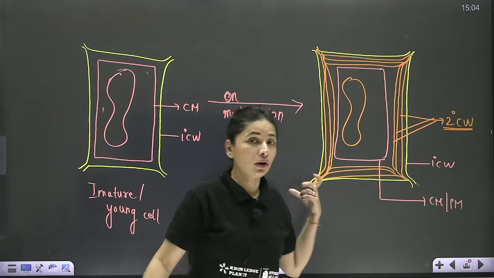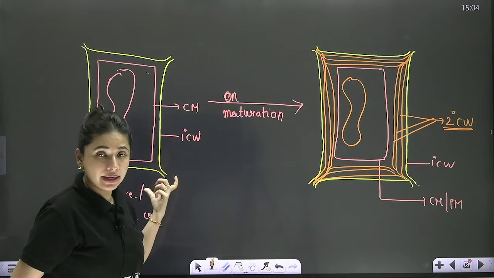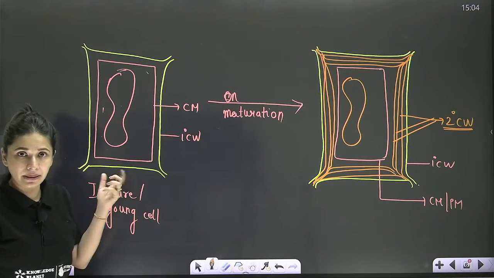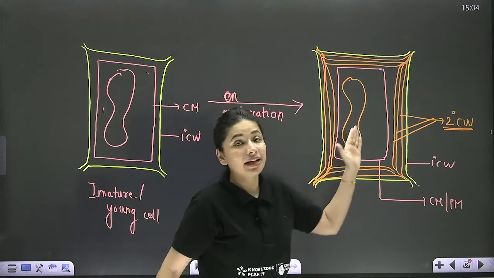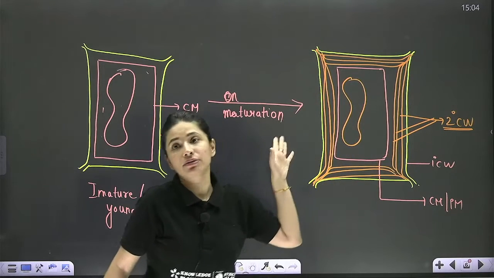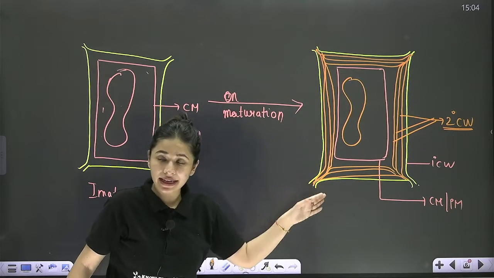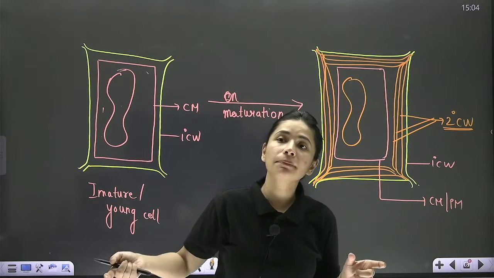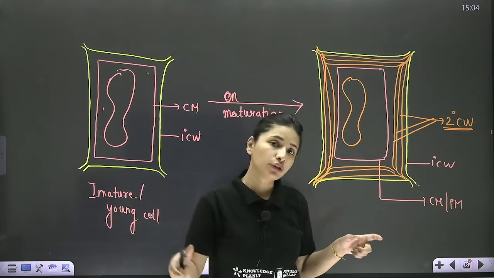So here already the cell is this, already primary cell wall here. Now whatever new deposition has to take place, that should take place inside the cell, not outside the cell. So whatever secondary cell wall deposits beta, everything is done inside the primary cell wall, not outer to it.